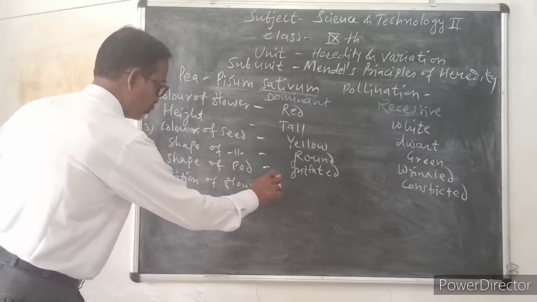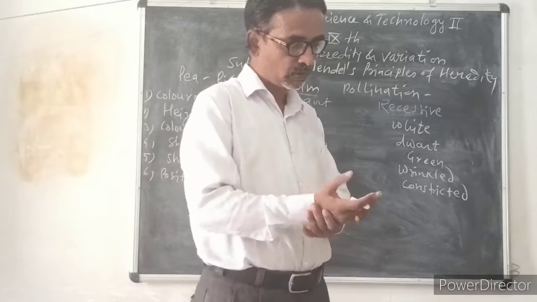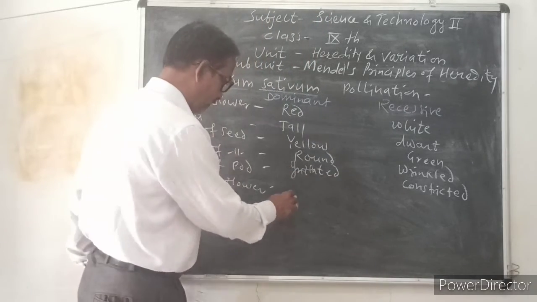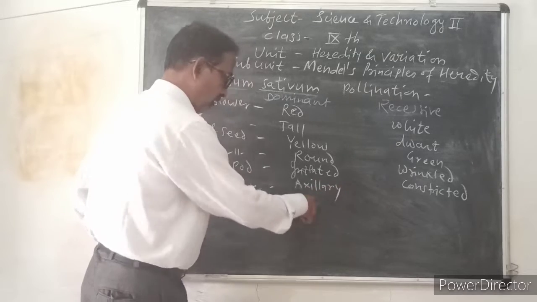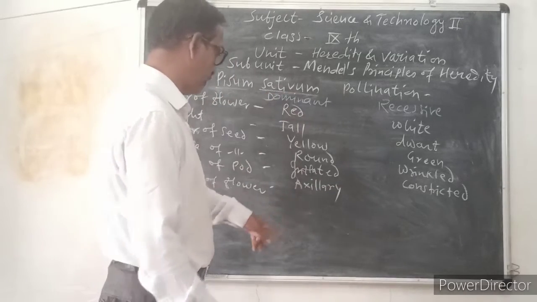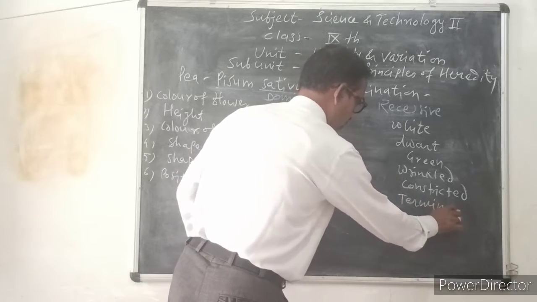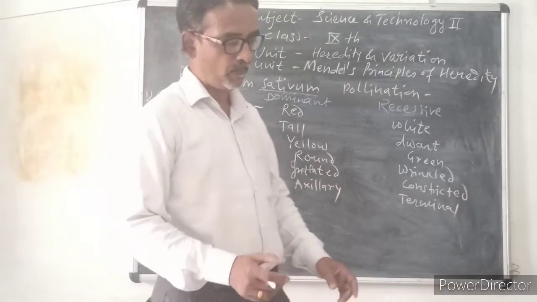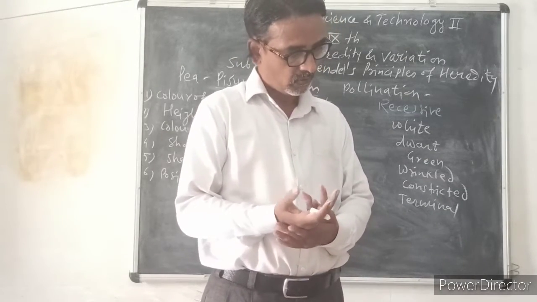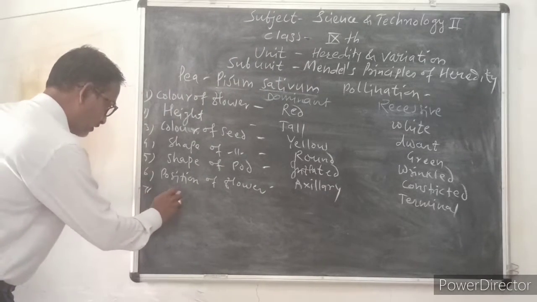Then position of flower. There are two positions. One is terminal and one is axial. So axillary is the dominant character and terminal is the recessive character. And the 7th character is color of pod.